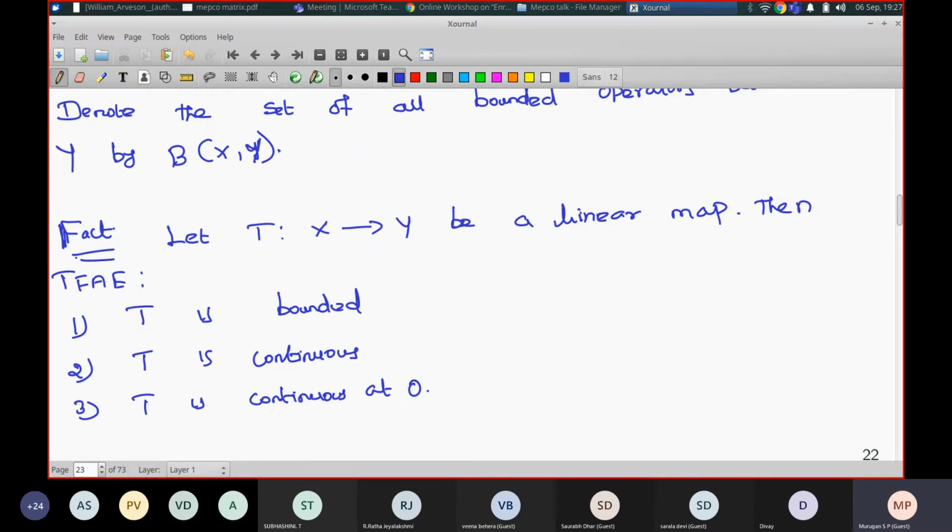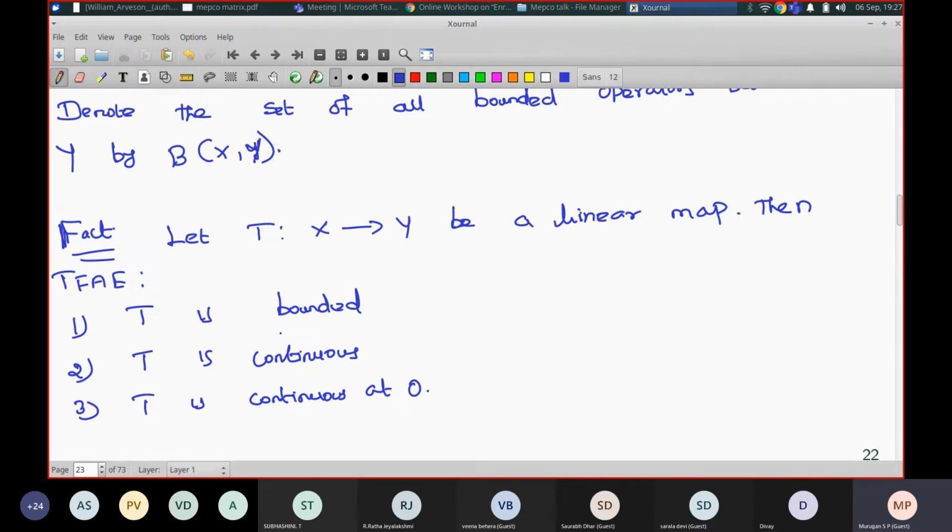This is a fact you may have learned. Let T from X to Y be a linear map. Then the following are equivalent: T is bounded if and only if T is continuous. Continuous means you need to verify at all points, but linearity is very crucial here. If T is a linear map, you only need to verify continuity at the point 0.